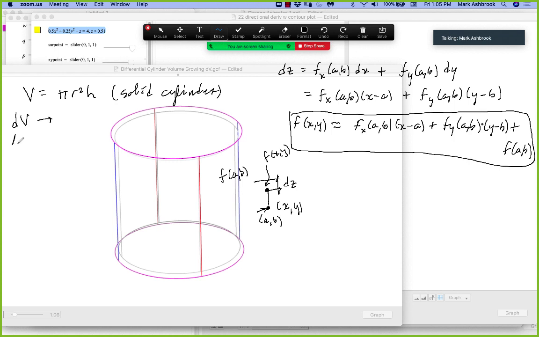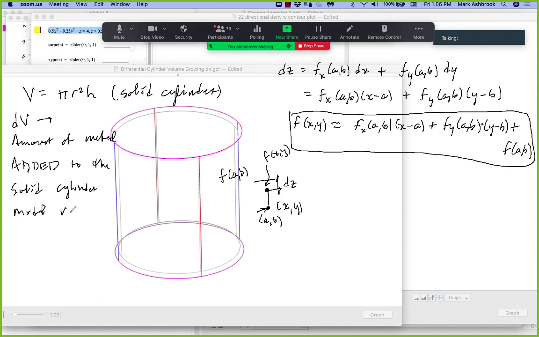So the amount of metal added to the solid cylinder forms a shell with a little bit of thickness that can model the volume of metal of a hollow can.